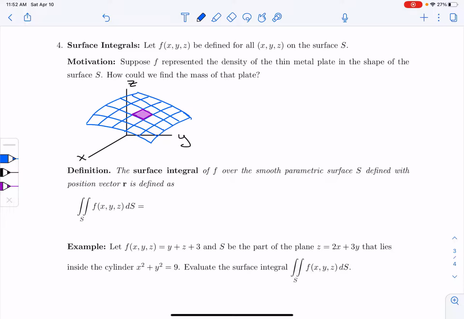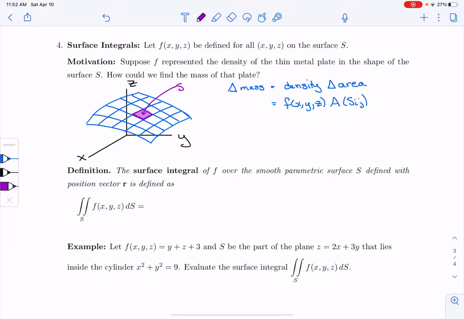Well, we could say that a little bit of mass is the density times a little bit of area. In other words, it would be my f of x, y, z, my density, times the area of a little bit of the surface. So we can think about this piece as being a little bit of the surface.